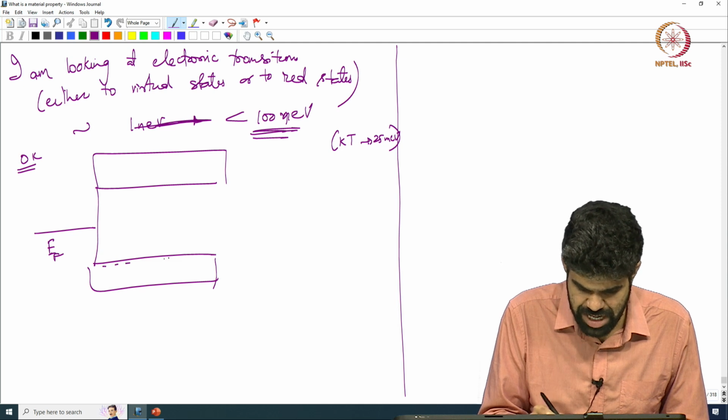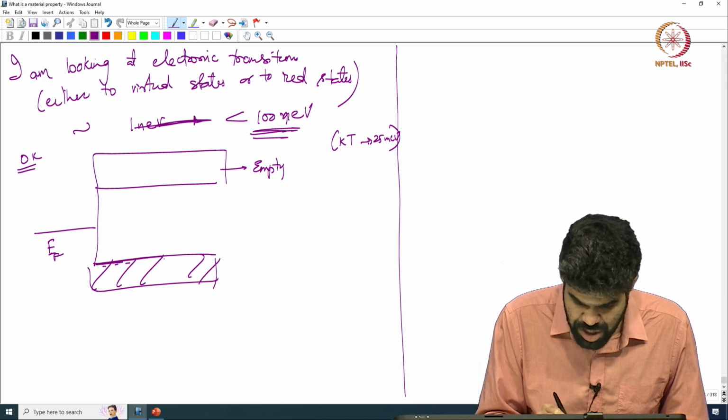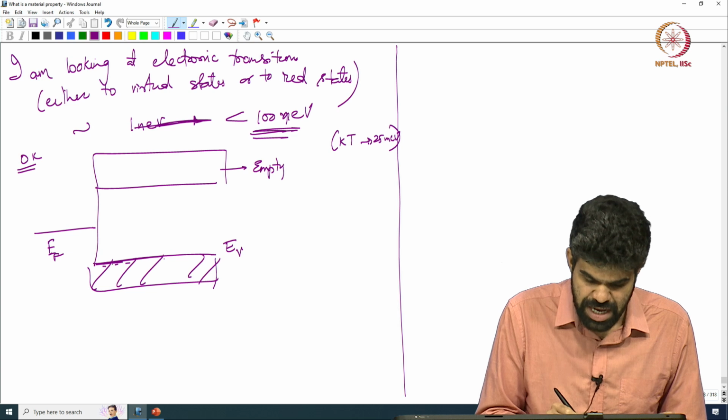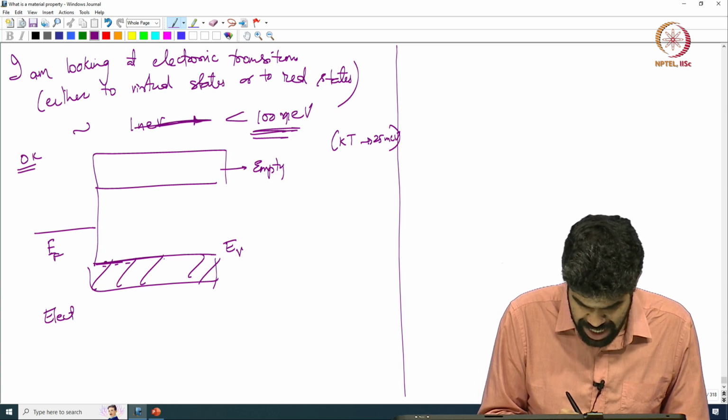At 0 Kelvin the valence band is completely filled, the conduction band is completely empty. So, I need to excite an electron from the edge of the valence band, EV.